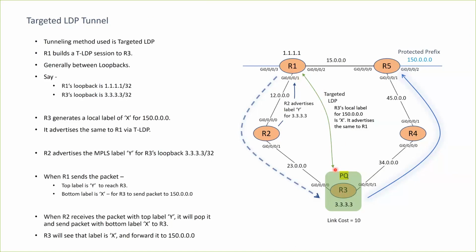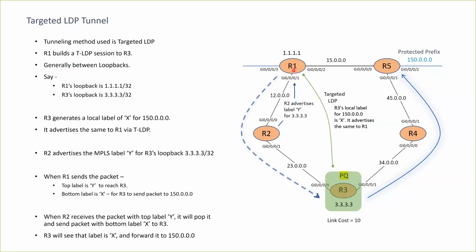The point is, when R3 receives traffic, it has to receive traffic with its label for 150.0.0.0. Then it will forward it to R4. So whether that traffic, say label X, is sent by R1 or R2 or somebody else, if they send with label X, R3 in its forwarding table knows that and just sends it to R4. Normal MPLS switching. So that's the reason R3 advertises label X via the targeted LDP session to R1.